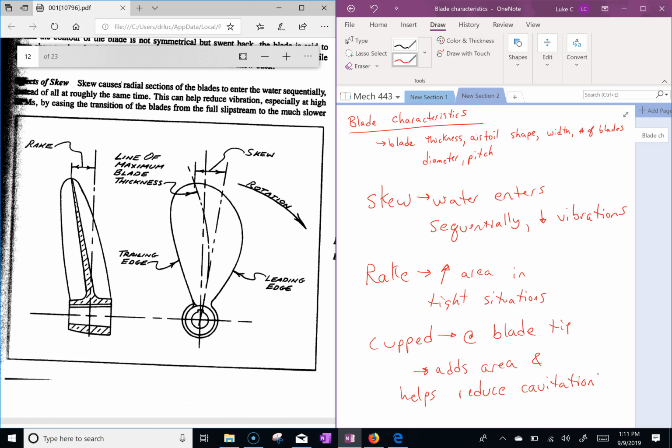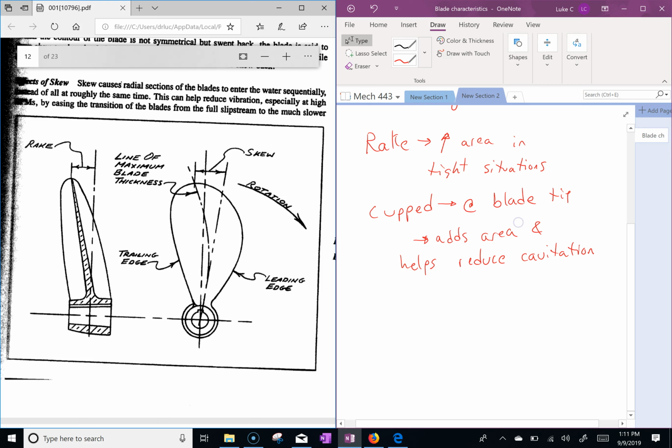Okay, so let's go through an example of how to find pitch, which is the way that the blade is angled towards the outside. Pitch is also defined as, if you have a 21-inch pitch on a prop, how many inches it would actually move as it spins one revolution. So here are some givens.